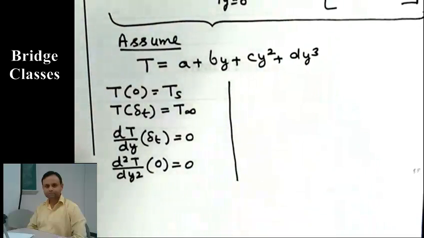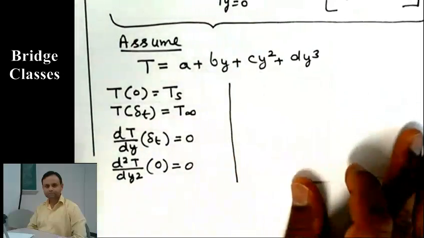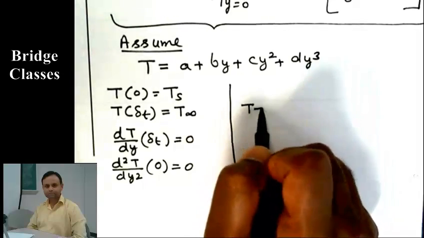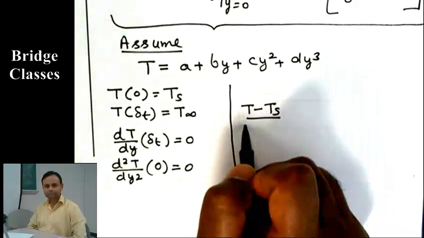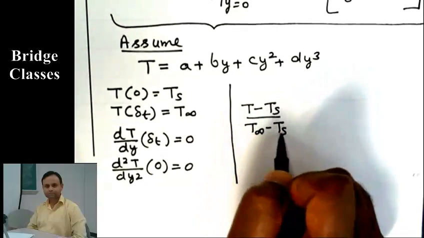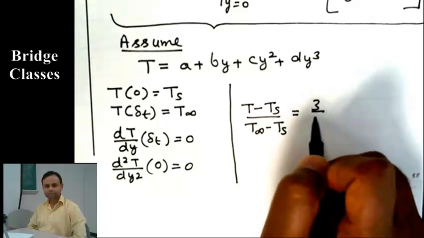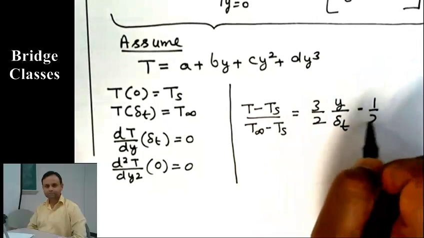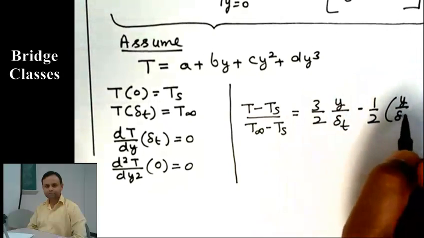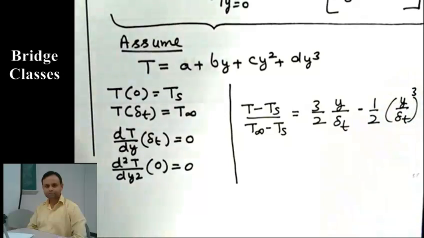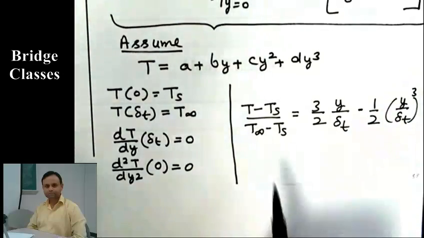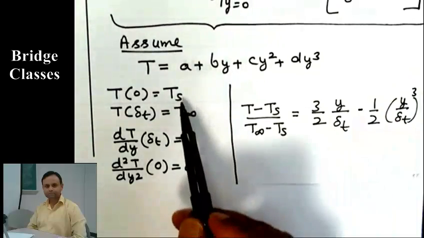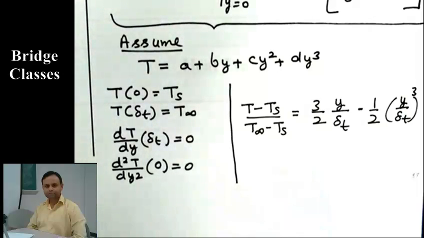Based on these you can get the constants A, B, C and D, and you get this profile: (T minus Ts) over (T infinity minus Ts) is 3/2 y over delta T minus 1/2 (y over delta T) cubed. This is our assumption, a reasonable temperature profile which satisfies the boundary conditions.